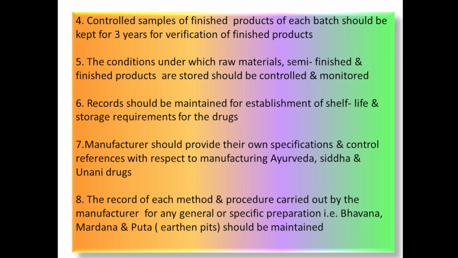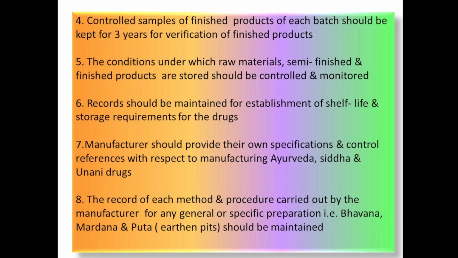Semi-finished product and finished product should be stored in such an area that they are protected from microbes, insects, rodents, all these. For that reason, the conditions needed for raw material, finished product and semi-finished product should be controlled, maintained and continuously monitored.